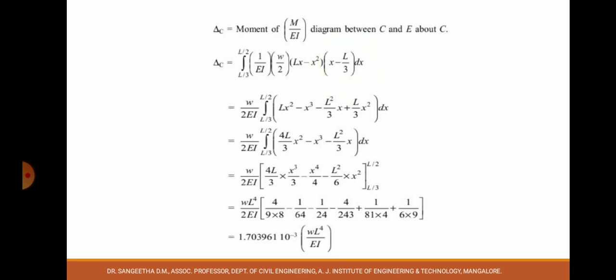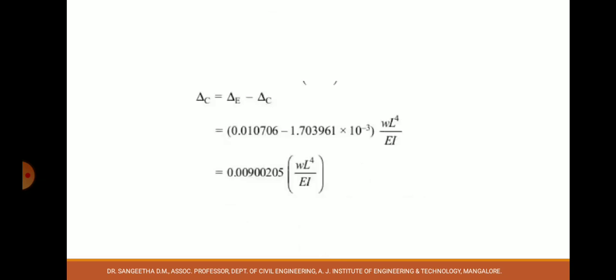Substitute, simplify, and you will get delta C. Delta C is equal to delta E minus delta C. We already know delta E, that is the midspan.